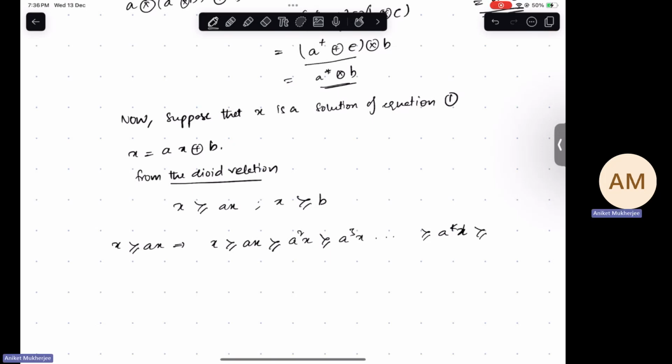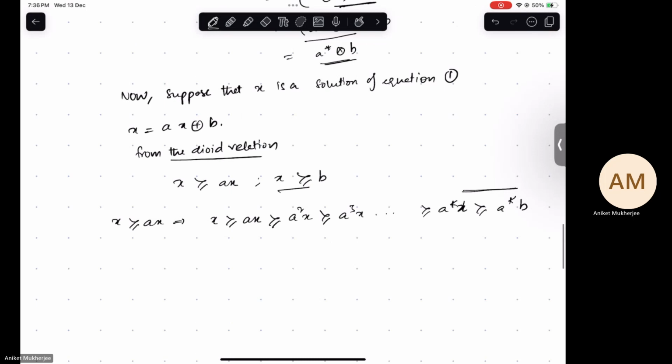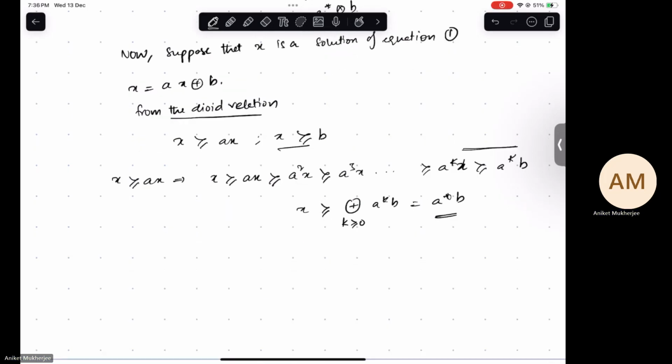But this is also greater than or equal to A power K B, because X is greater than or equal to B. This last step is because X is greater than or equal to B. And we have X is greater than or equal to the sum over K greater than 0 of A power K B, equal to A star B. So X will always be greater than A star B in dioid order.